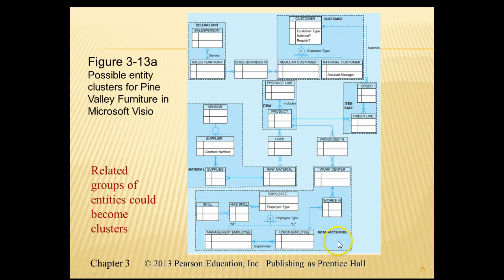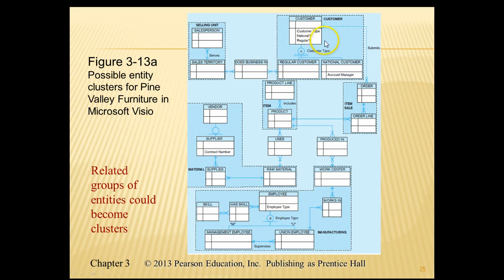However, if you take a look down here at the manufacturing entity cluster, you'll see that the associative entity between work center and union employee is included in that cluster because it's part of the relationship between those two entities.